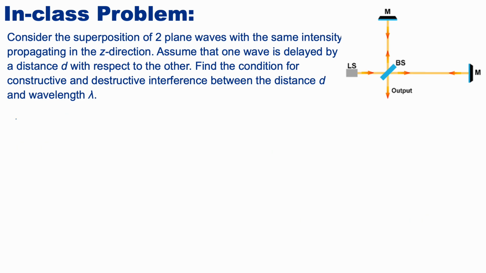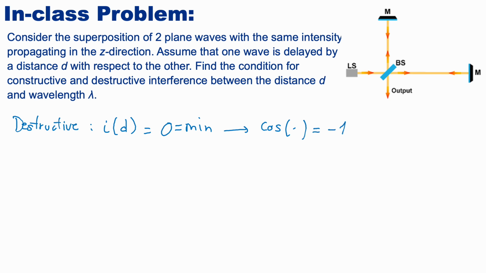Versus the constructive, we're going to have the destructive interference, which is the value of the intensity where it's minimum, but because we are assuming that both of them have the same intensity, that's going to be equal to 0, and that's going to happen when the cosine is equal to minus 1.